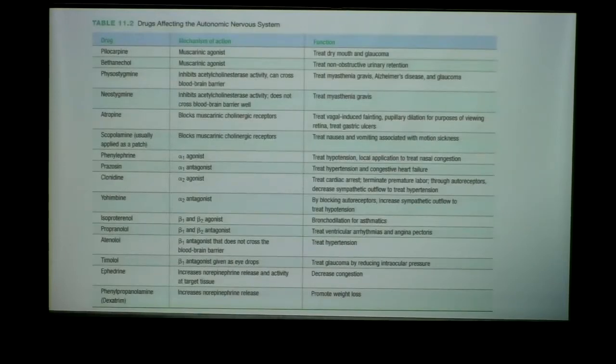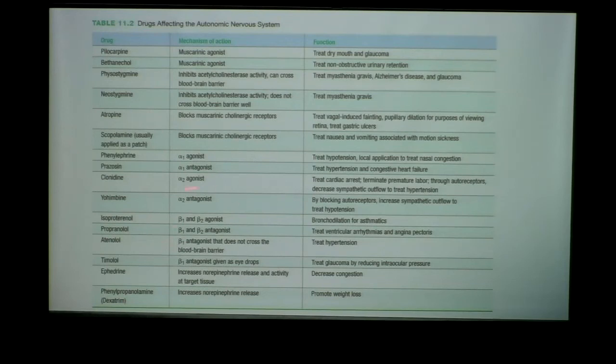All right, this is another summary table which highlights some common drugs, some common medications that use these receptors that we use to treat some common symptoms. A good example is isoproterenol. So isoproterenol is a beta-1, beta-2 agonist, meaning that when we give patients isoproterenol, it mimics the response of norepinephrine binding to a beta-1 or beta-2 receptor.